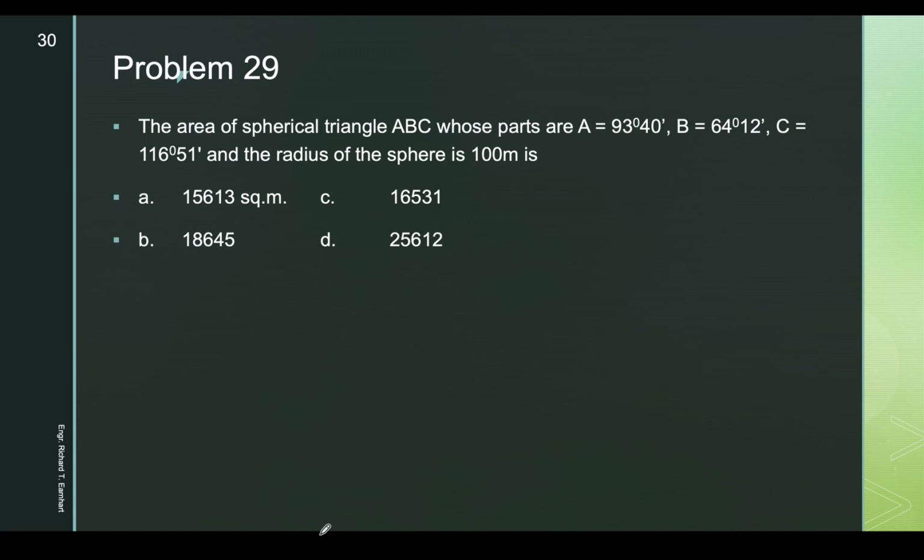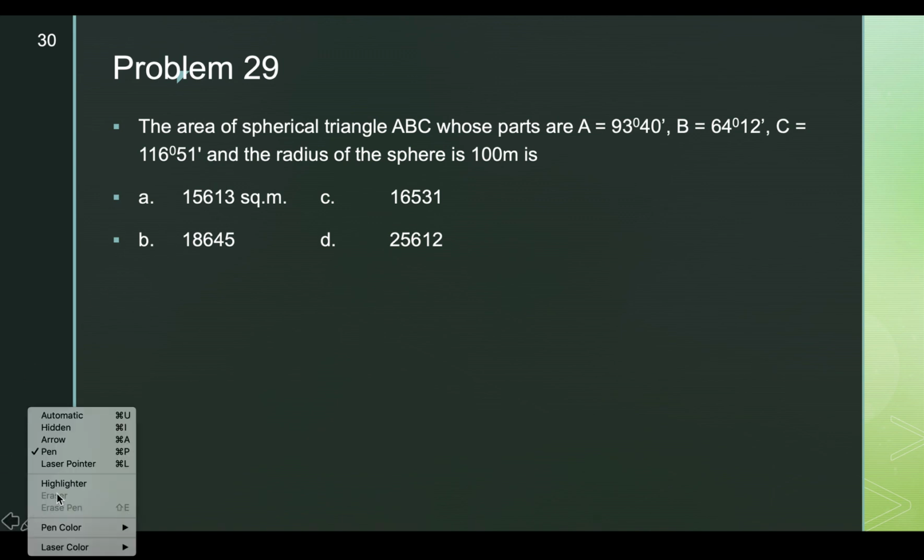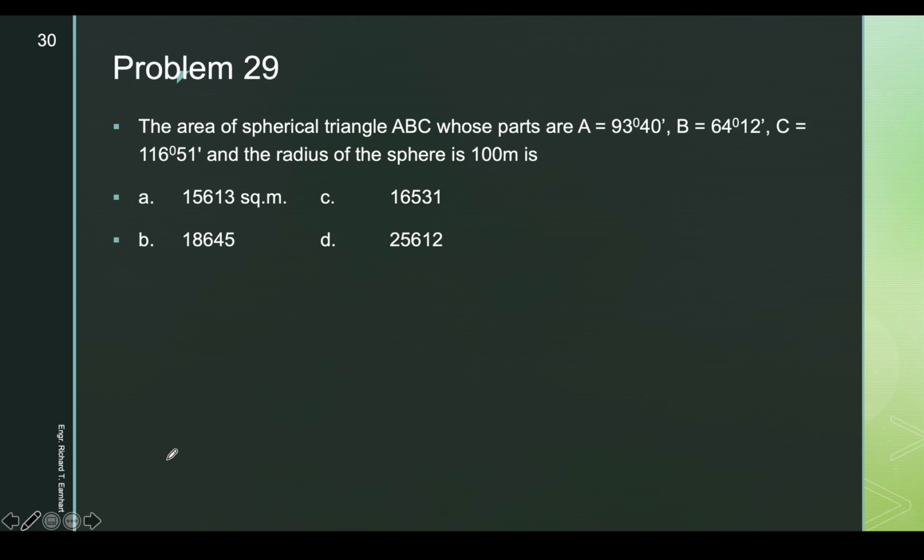So, the area is equal to the formula for the area of a spherical triangle, pi times the spherical excess, that's E, r squared, r is the radius, divided by 180 degrees.